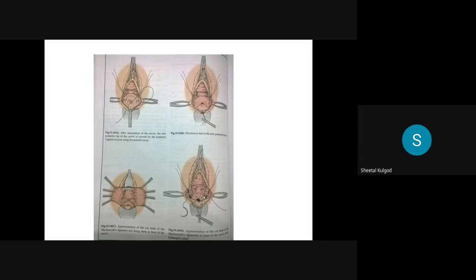They hold the cervix with the help of these ligaments, so that forms good support as well. Then they cover the raw area of the cervix with the posterior vaginal wall and the anterior vaginal fold like this. So this is Fothergill's procedure, which is done for prolapse of the uterus, especially with an elongated cervix.